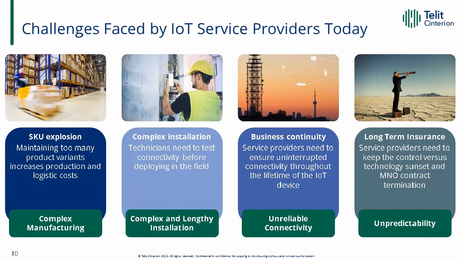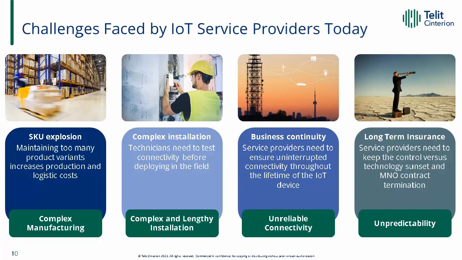And the other thing is how can you ensure your business continuity, right? A lot of times you face the issue that somehow the connection is lost, and there's no way you can really rescue your device and get it back online. So the network somehow is not as reliable as you expect.